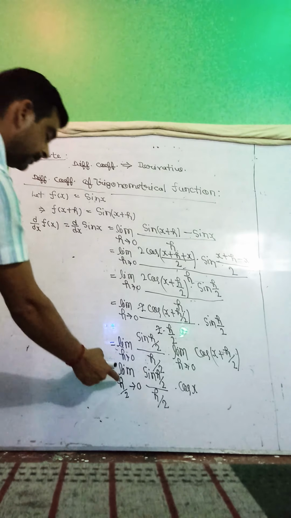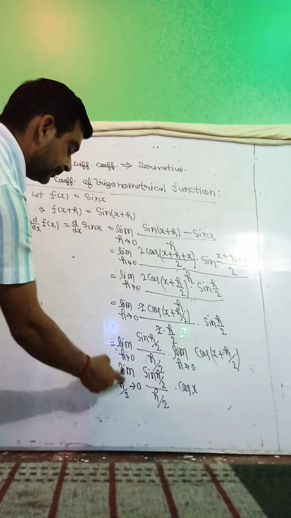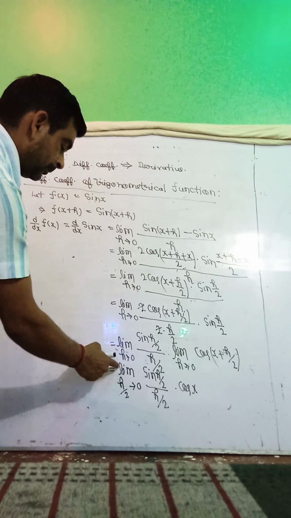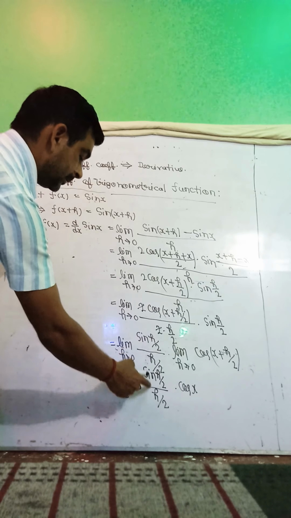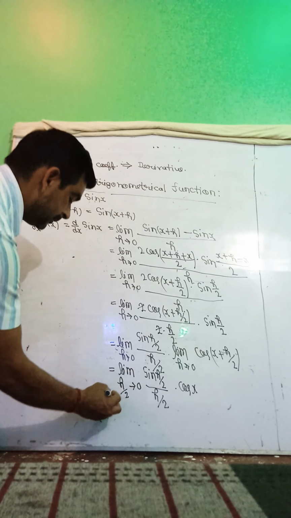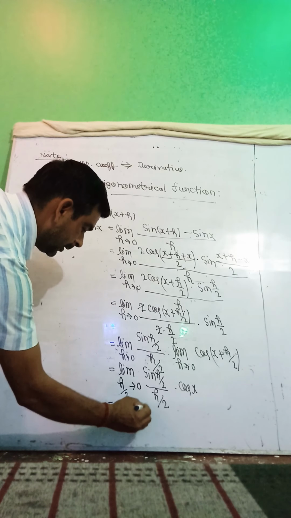Suppose h/2 equals theta, so we understand limit theta tends to 0 sin theta by theta, which is 1, into cos x.